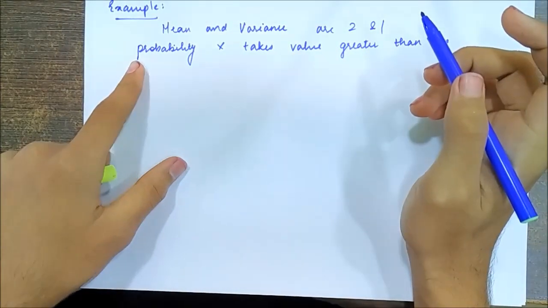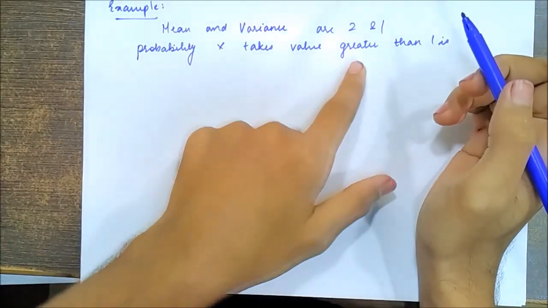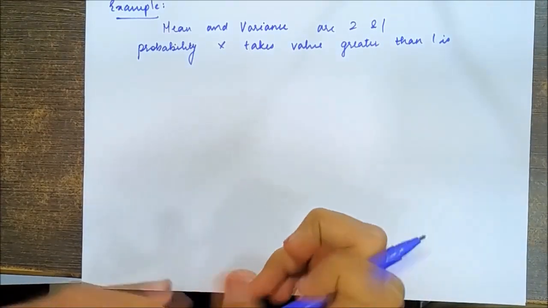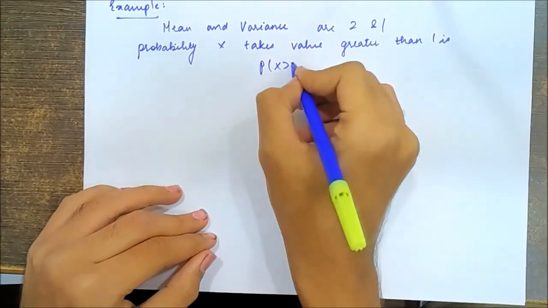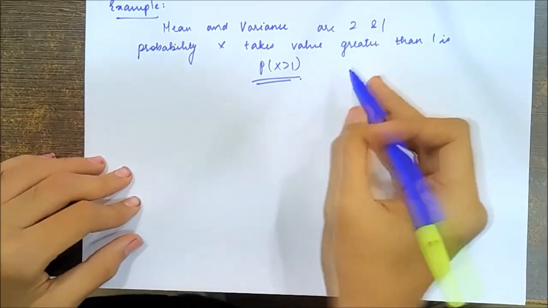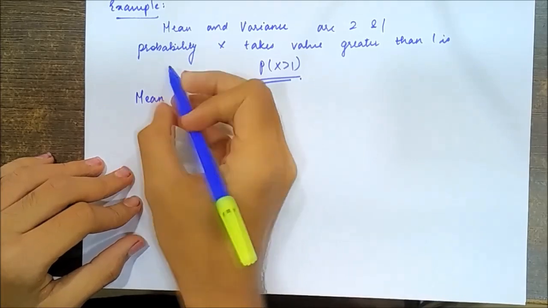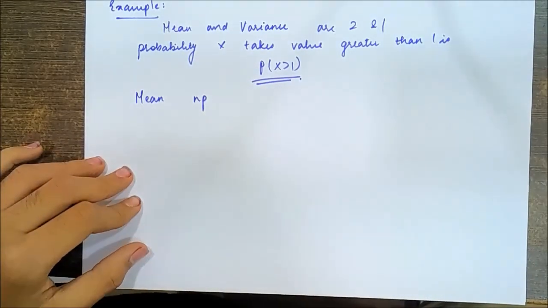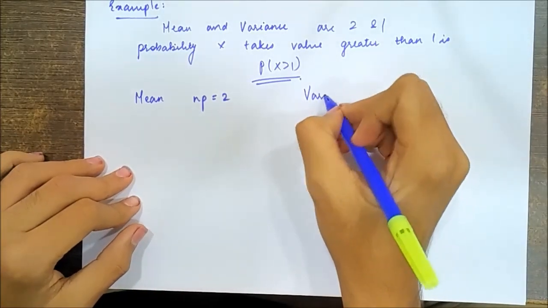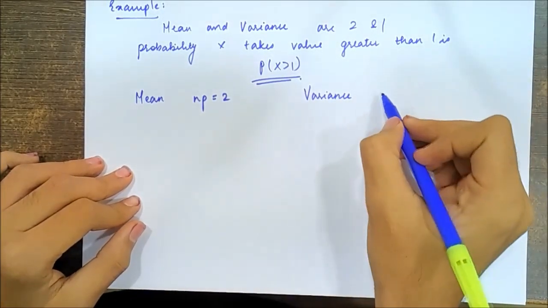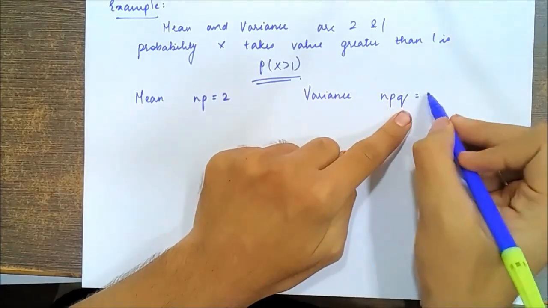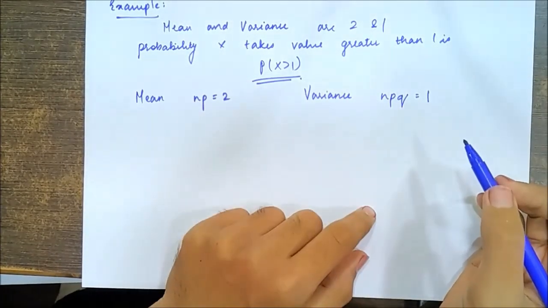What we have to find is the probability that X takes a value greater than 1, that is P(X > 1). First, we have been given the mean, which is nothing but np, and the mean value is 2, and the variance is the product of the three terms, npq. So n into p into q gives us 1, as mentioned in the question.